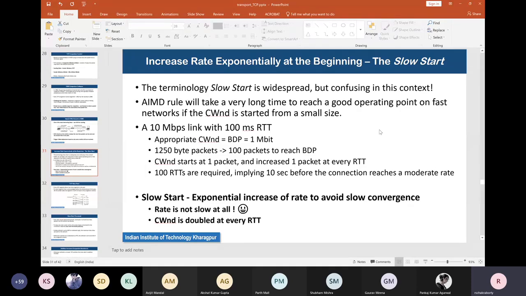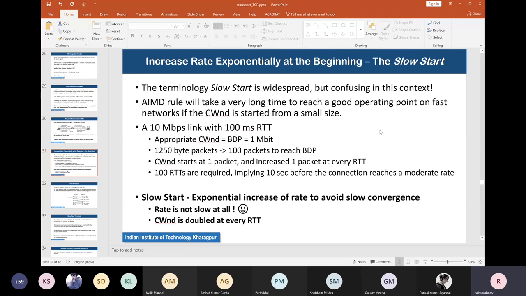So we do not adopt it and we adopt something else which causes exponential increase of rate, so that the slow convergence of AIMD is avoided. Initially we will not use AIMD; we will use AIMD for CWND after a certain amount of time. I will show you with a plot.